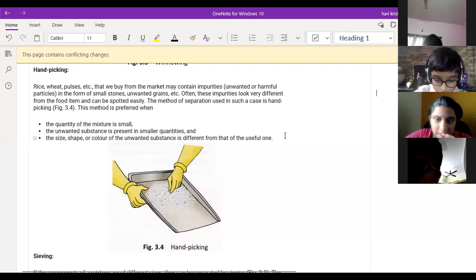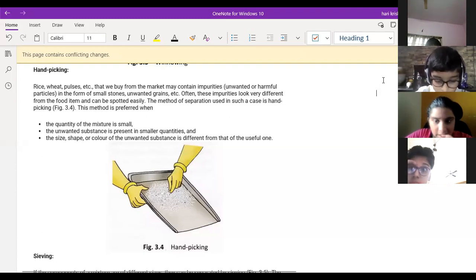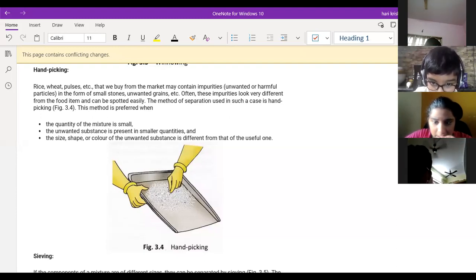Sriharsha, tell me examples where you use hand picking. Sir, we can use hand picking for separating stones from the rice and separating some seeds from the cotton ball. Okay.